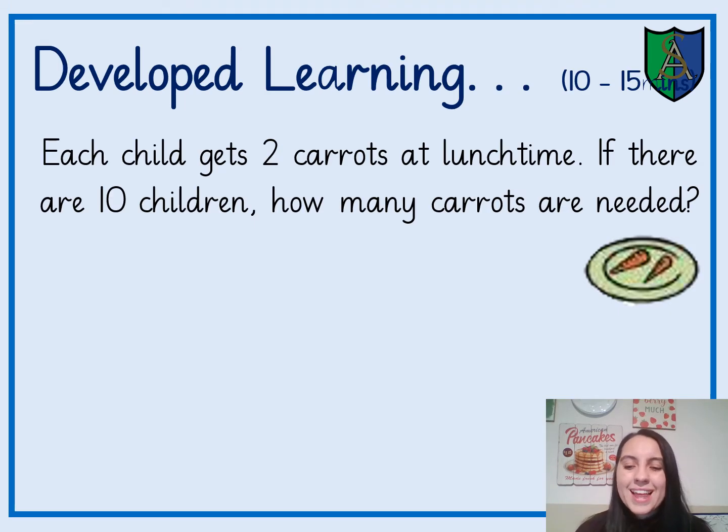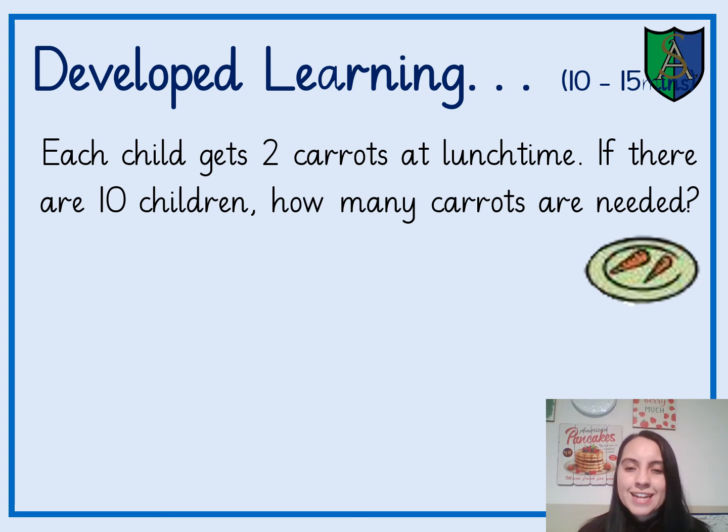Okay then everyone, let's develop your learning a little bit further. Okay, I'm going to read the word problem to you now. We're going to pick out the key pieces of information, then we're going to have a go at recording our ideas by drawing pictures. Okay, so let's read the equation.